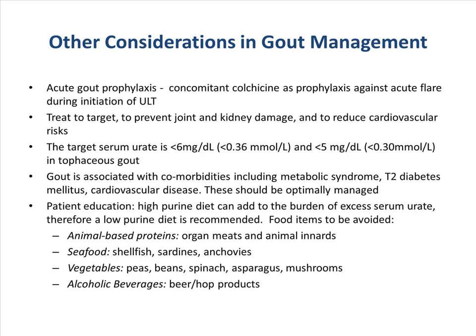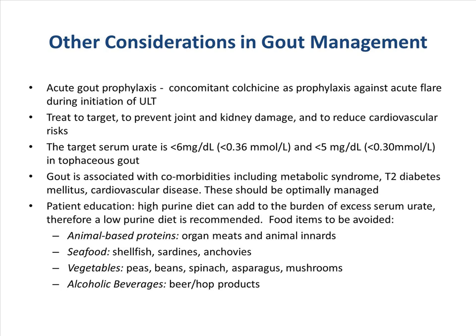We now discuss the other important considerations in gout management. Firstly, use concomitant colchicine as prophylaxis against acute flare during initiation of urate-lowering therapy. Secondly, treat to target to prevent joint and kidney damage and to reduce cardiovascular risks.